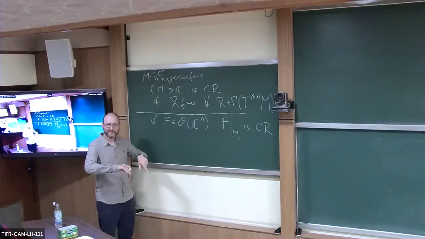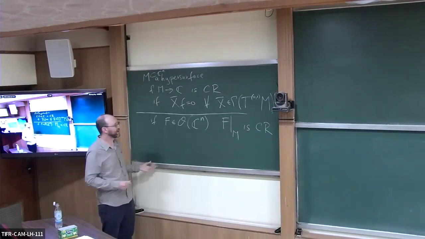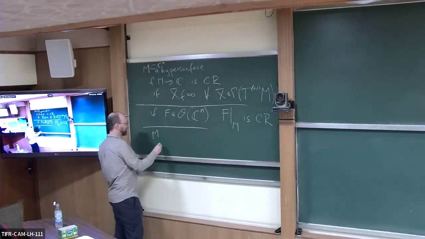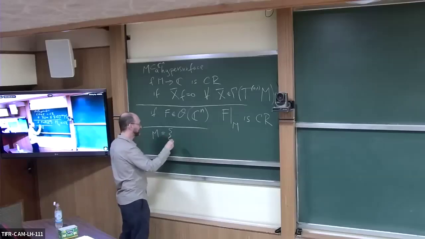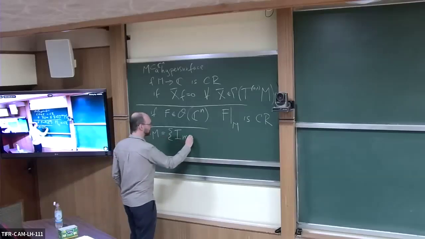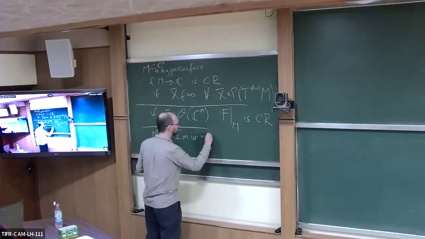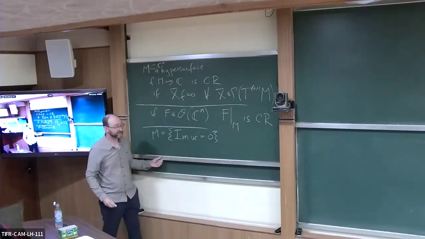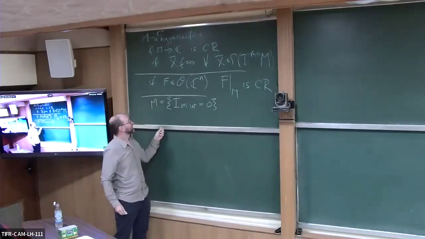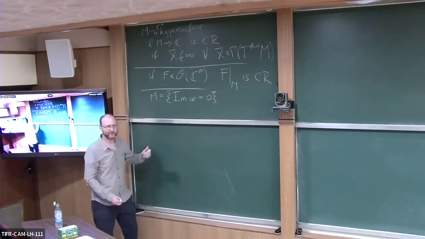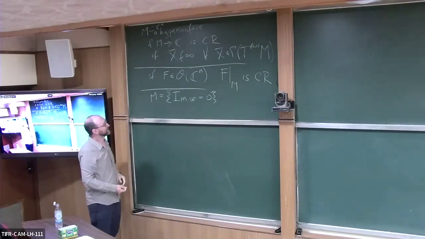The converse is more complicated. Let's suppose that M is given by this model Levi-flat. You could just think in one variable, with w as our only variable, where M is just the real line.